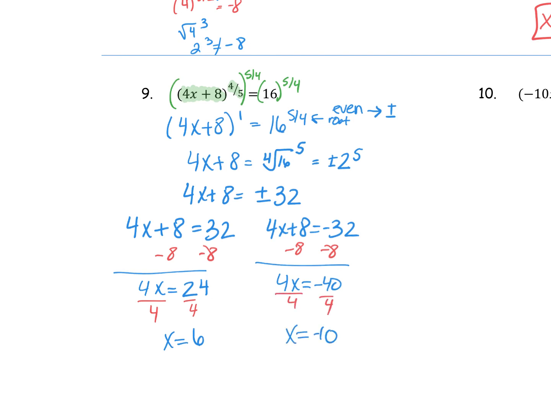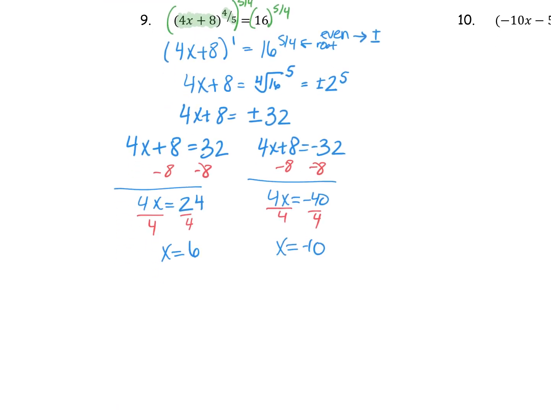And then I need to check both of these. So again, you always check with that original equation. So 4x plus 8 to the 4/5 power equals 16. So we're going to have 4 times 6 plus 8 all to the 4/5 is supposed to equal 16.